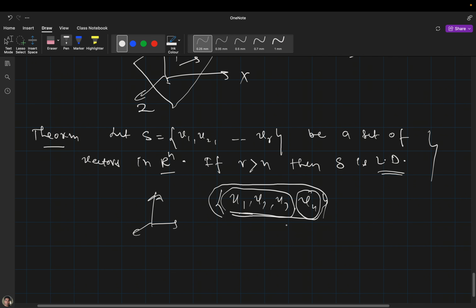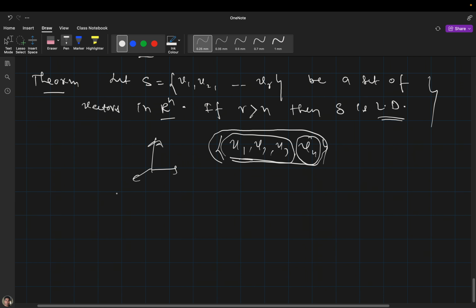You can check it. Suppose I take the example of our Cartesian system: 1 0 0 and 0 1 0. Can you tell me whether these two are linearly dependent or independent? Independent.